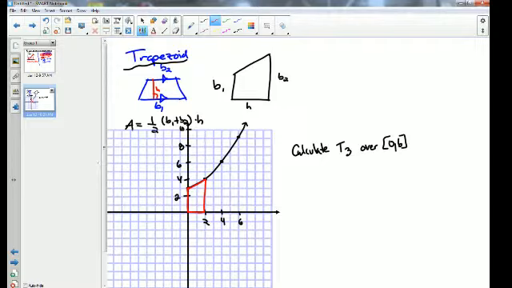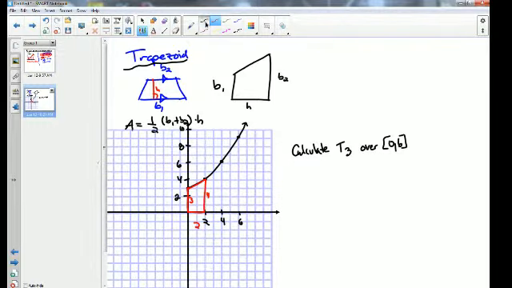So, what is our height here? The width of this trapezoid? 2. That's the height, right? That's this right here. Okay, what are base 1 and base 2? 4 and 3.